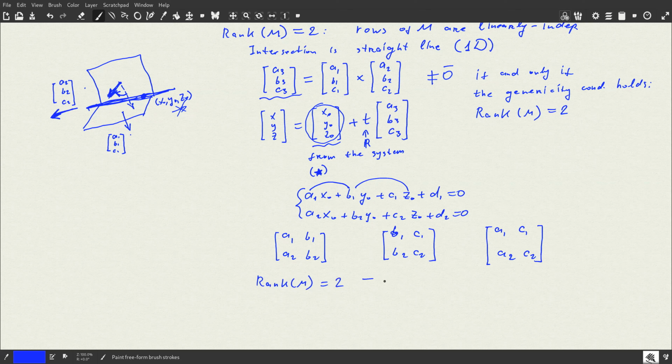This is equivalent to the fact, let me denote these by MAB, MBC, MAC, that at least one of those minors, MAB, MBC, MAC, is non-degenerate.